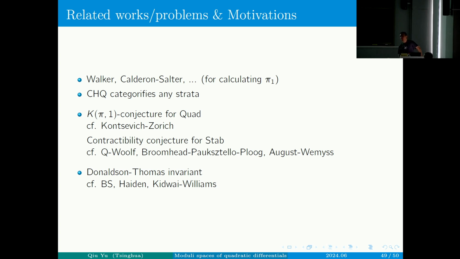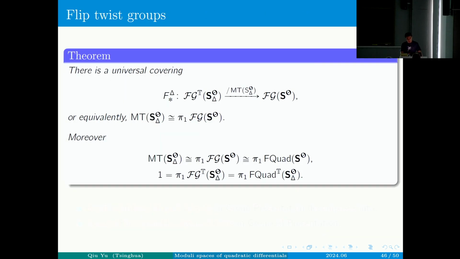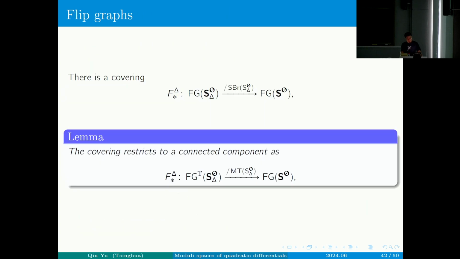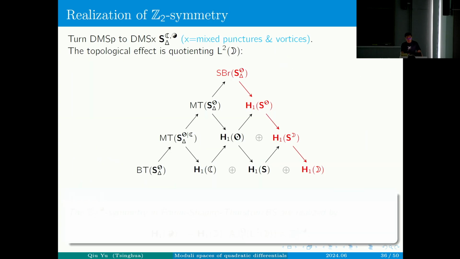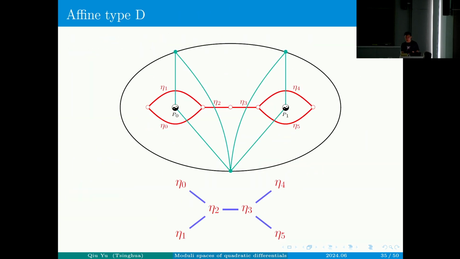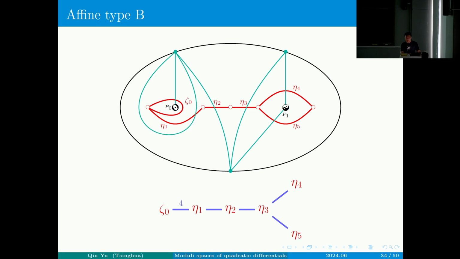Other questions? May I ask, in your constructions, do you have any restrictions on the genus of the curve? No. So it can be non-compact, it can be a disk. So basically, when we realize the braid groups, that's always genus 0 with at most 2 punctures.